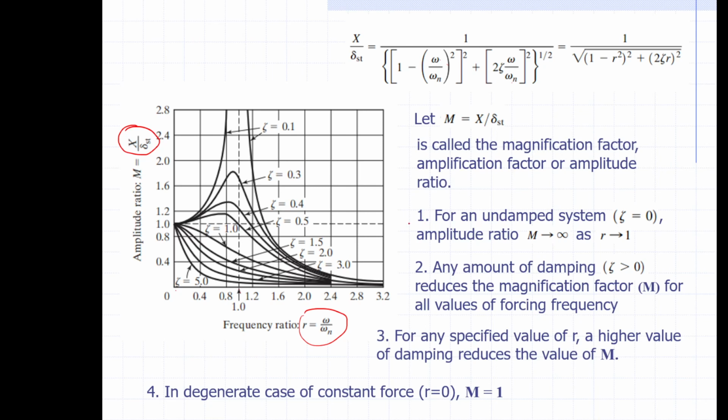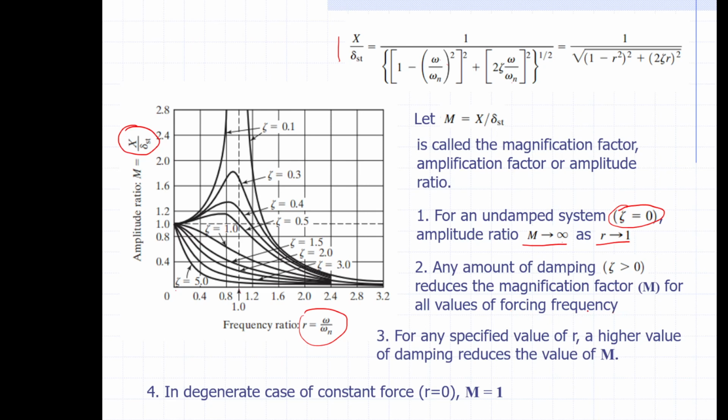So here let's summarize. For the undamped system, which means this one equals 0, this equation explains both cases. If zeta is 0, when the frequency ratio approaches 1, then the magnitude ratio goes to infinity. And any amount of damping ratio reduces the magnification factor for all values of forcing frequency.